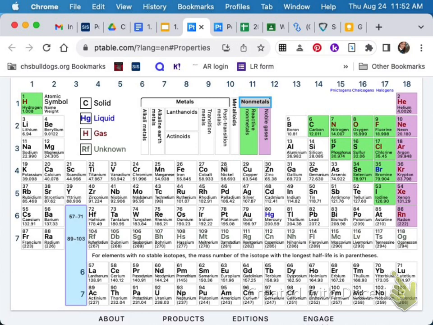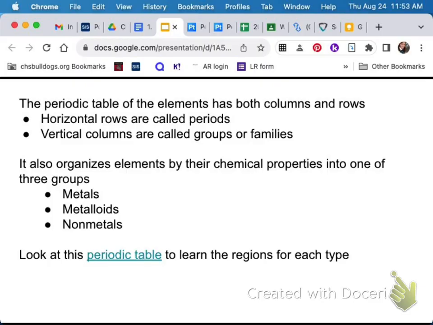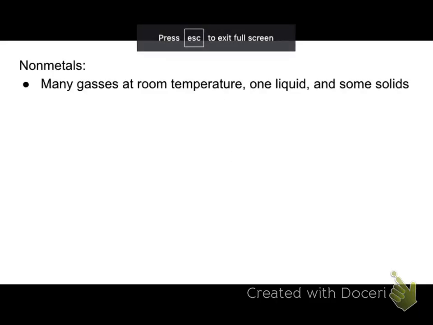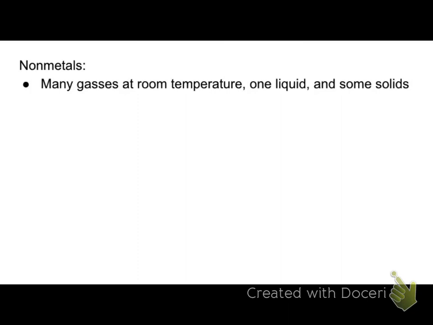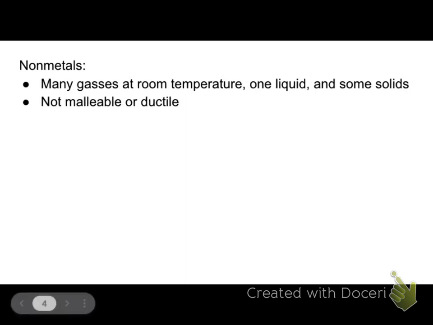We'll slip back over to our page and talk about nonmetals. Nonmetals are mostly gases at room temperature. We do have a liquid, which is bromine, and then some solids, but a lot of these nonmetals are going to be gases at room temperature. They are not malleable or ductile.